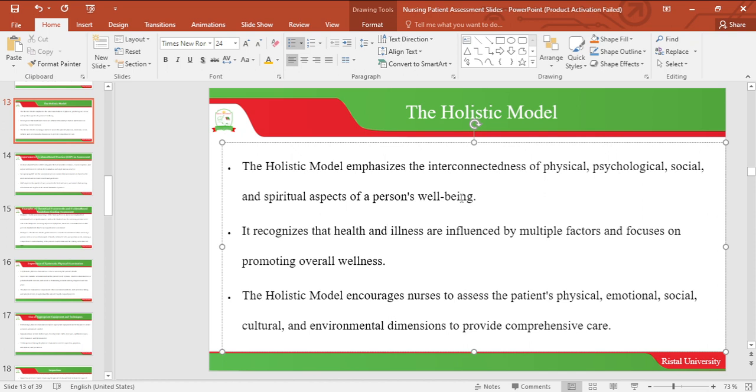The holistic model encourages nurses to assess the patient's physical, emotional, psychological, cultural, and environmental dimensions to provide comprehensive care.